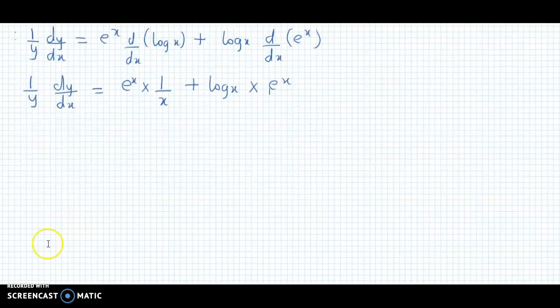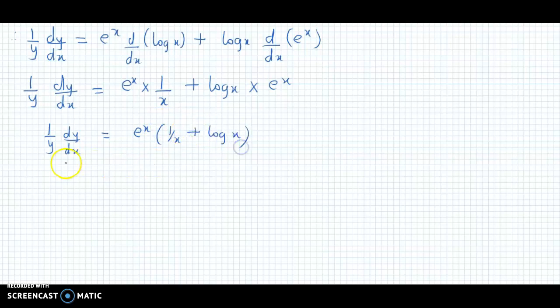Now, if you observe on the right hand side, we could take e raised to x as the common factor. So we obtain 1 by y dy by dx is equal to, taking e raised to x common, in brackets we have 1 by x plus log x.